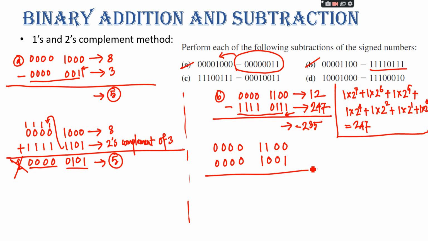That is the 2's complement. Then if we add them together, what do we get? 0 1 0, then it will have one carry here, 1 0 0 0. What should be your number? Is it 235?